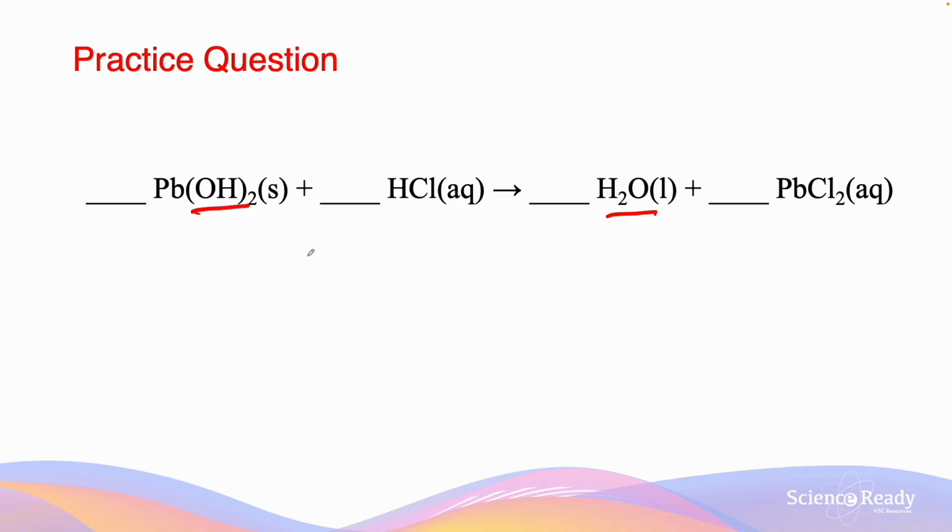Since the OH is only found in the lead hydroxide and in the H2O, we can start by balancing these two species. There are two OHs in the lead hydroxide, but there is only one OH in the H2O. This means that the ratio of lead hydroxide to water must be 1 to 2.